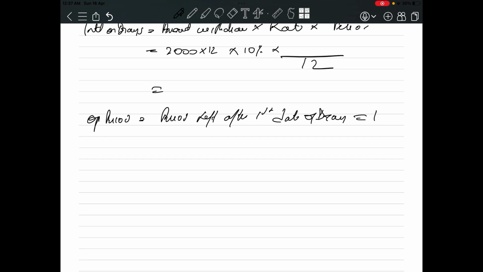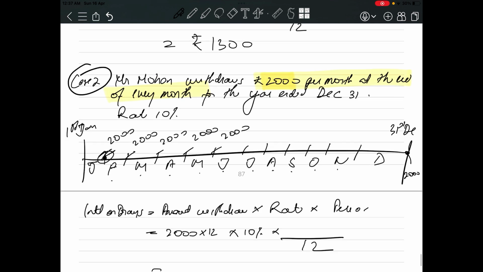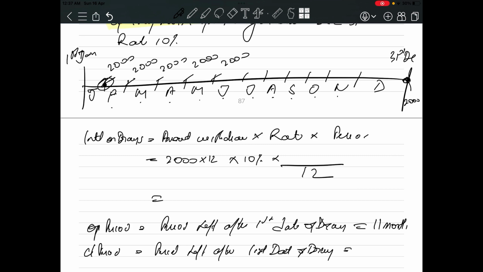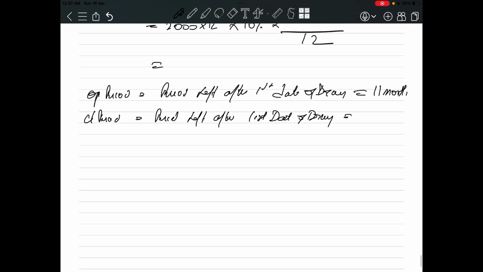And the closing period is the period left after the last date of drawings. The last date of drawing is 31st December. Is there any period left after 31st December? No period left. So the closing period will be 0 months.